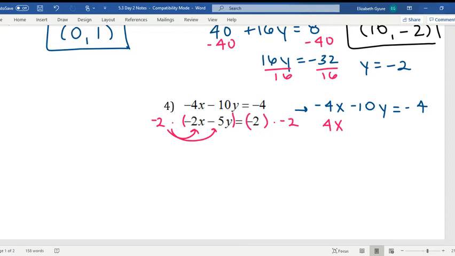Jaden, what's negative 2 times negative 5y? You there, Jaden, or did you fall asleep? Okay. Jaden's not sure. Annalise, what do you think? What's -2 times -5y? It's a positive, right? Positive 10y equals, and then on the right here, -2 times -2 is a positive 4.